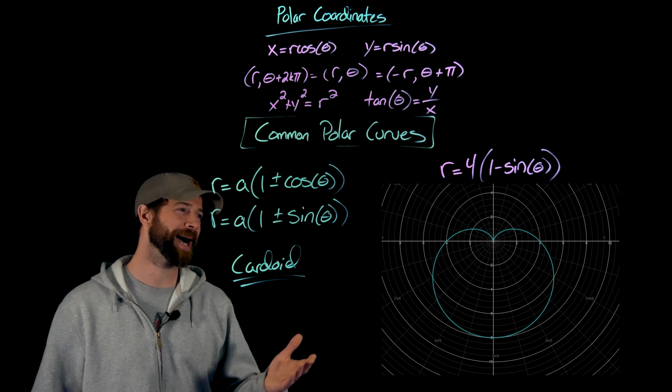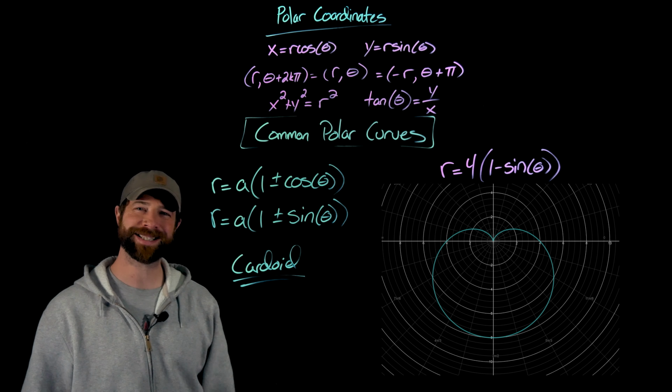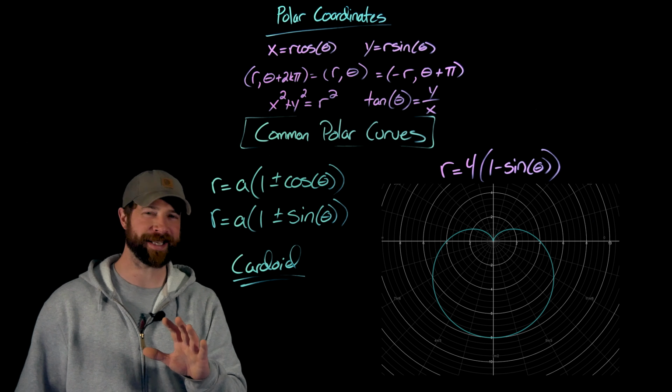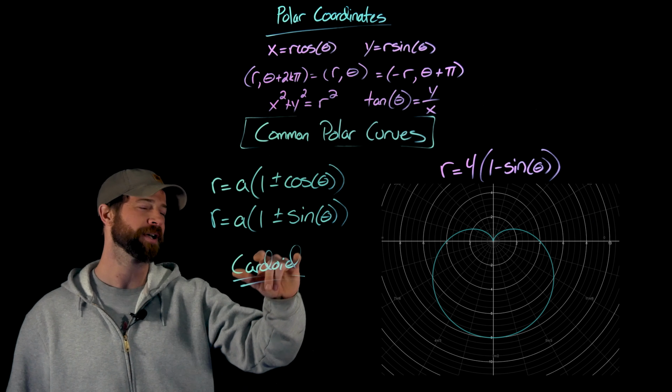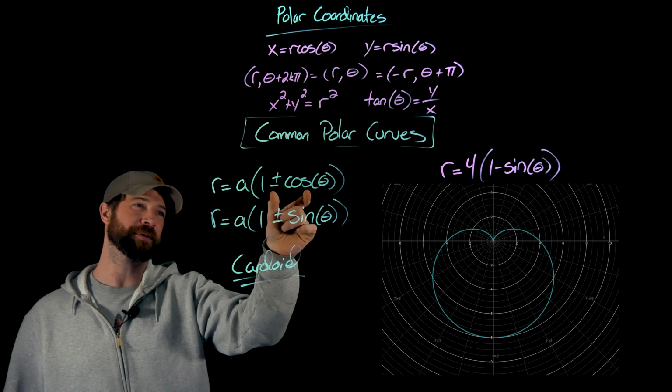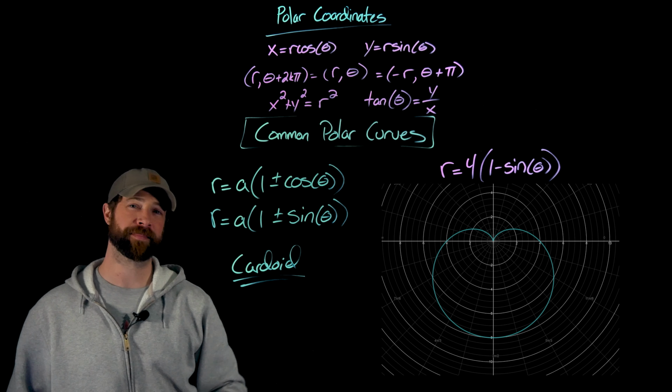And the same reason, why at π/2 do I have a radius of 0? If you're thinking about either of those, you can quickly think about the orientation of the ones that have sine versus the ones that have cosine.